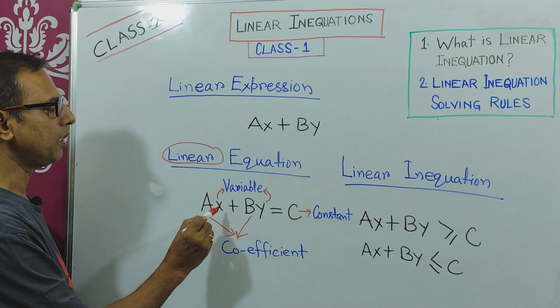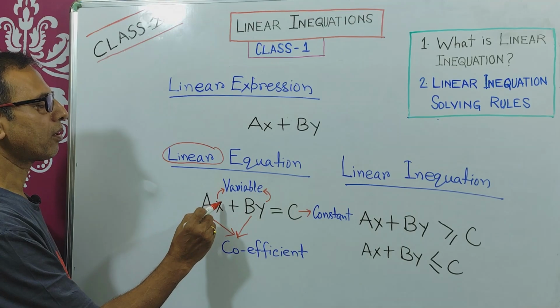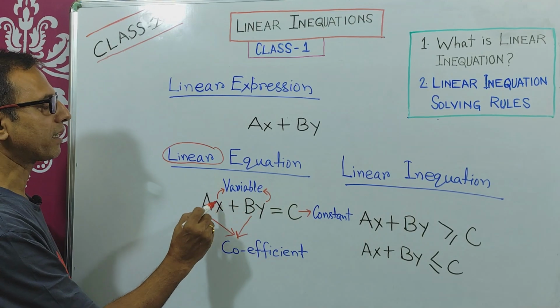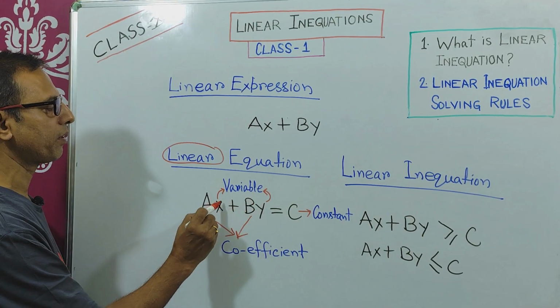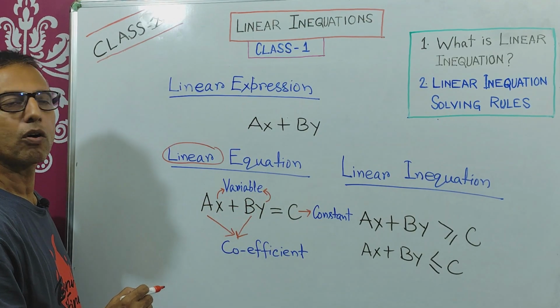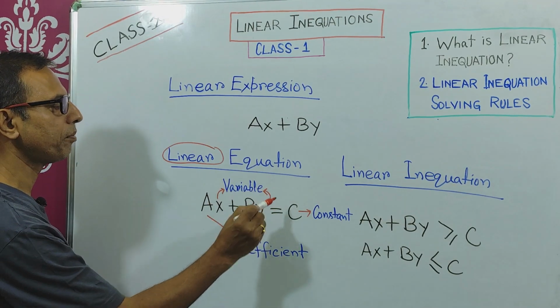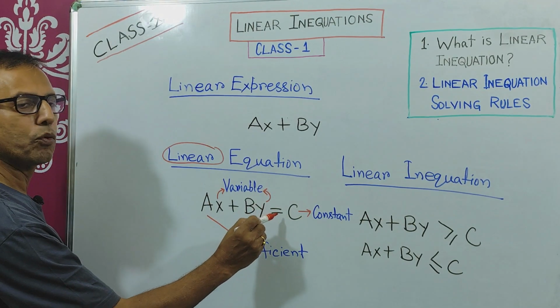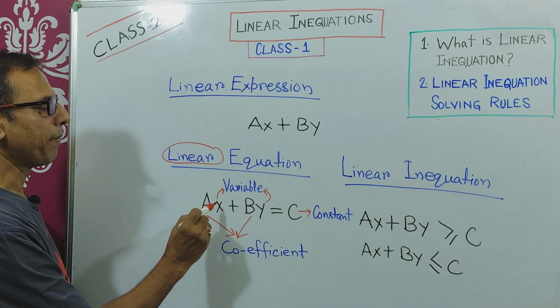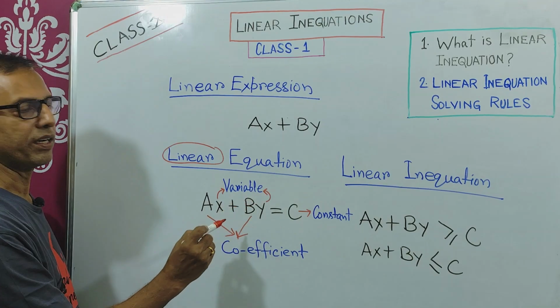Here there are two variables x and y, and the maximum exponent of the variable, for x it is 1, for y also it is 1. That is why it is called a linear equation. So equation means the sign equal to, and linear means the maximum power or exponent of the variable is 1.